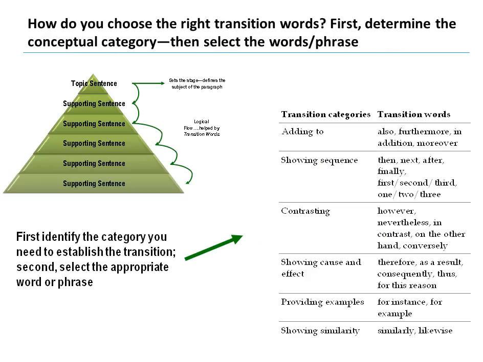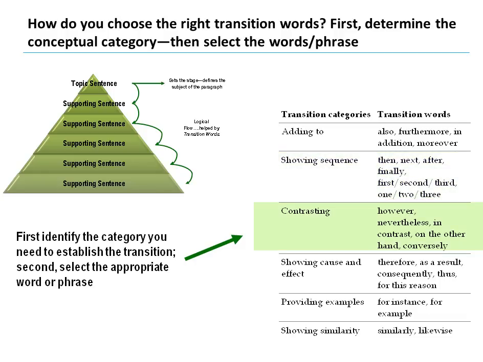So, how do you choose the right transition words? First, you need to determine the conceptual category and then select the words and the phrase that are most appropriate. And here on the right we see some of the transition categories. We have adding to, transition words also, furthermore, in addition, moreover. Sequencing, then, next, after, first, second, third.